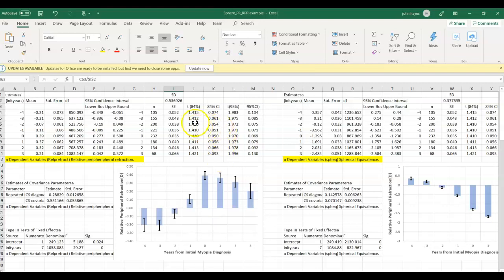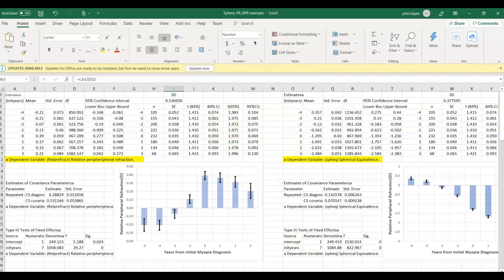You need to add the effect size, and you need to tell the people how precise you are, either with the 95% confidence interval in the text or the 84% confidence interval in the graph. Either one, I'm going to say, is okay. They both give you an idea of your precision.